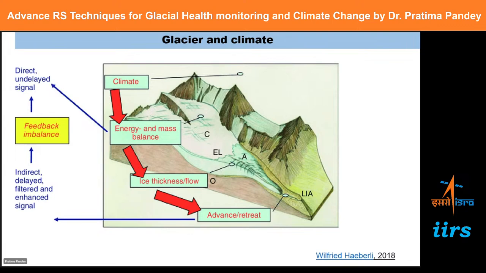Over the years, if we have negative mass balance, the glacier will start retreating. So glacier mass balance, glacier advance and retreat, and the equilibrium line altitude which divides the accumulation zone from the ablation zone, these are the parameters which indicate change in climate, like accumulation zone, ablation zone, glacier snout variation and equilibrium line altitude. By monitoring or studying these parameters, we can say what is occurring in the climate.